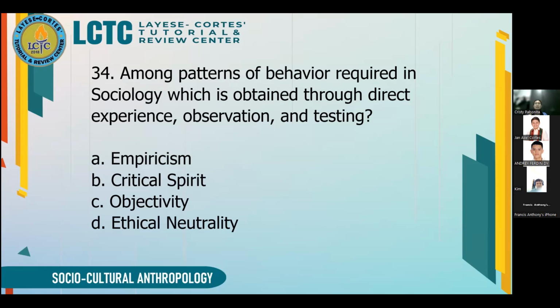Among the patterns of behavior required in sociology, which is obtained through direct experience, observation, and testing? Is it empiricism, critical spirit, objectivity, or ethical neutrality? Observation is empiricism.